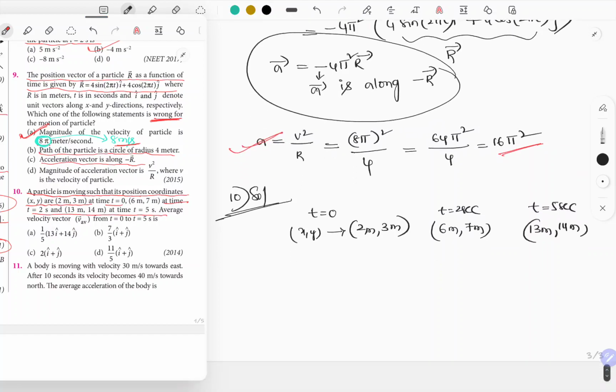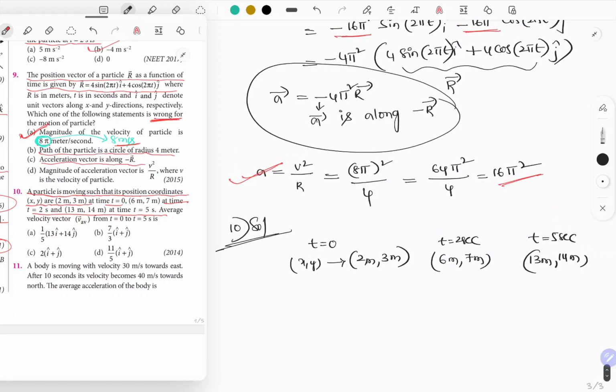What are they asking? They're asking for the average velocity vector, which is defined as total displacement divided by total time. Total displacement is nothing but the final position vector minus the initial position vector.